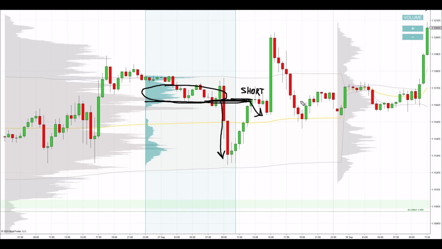Now I was saying that this was quite a risky trade because there was this weak high here and also heavy volumes close to that high, and this could attract the price and the price could shoot upwards to test those volumes.